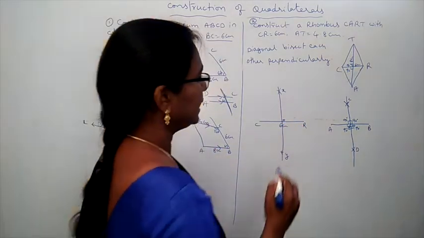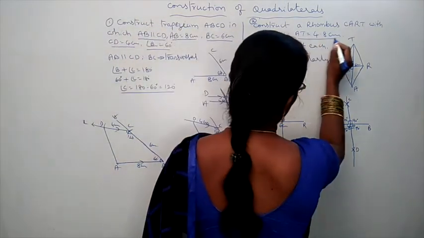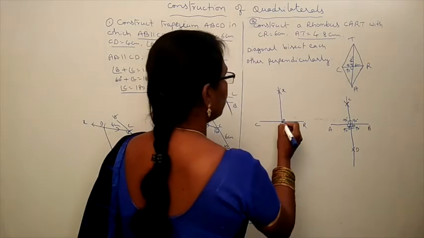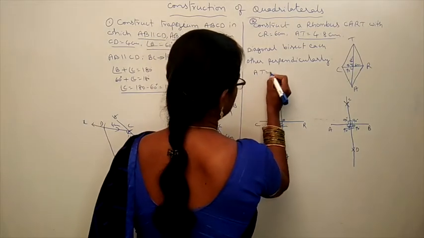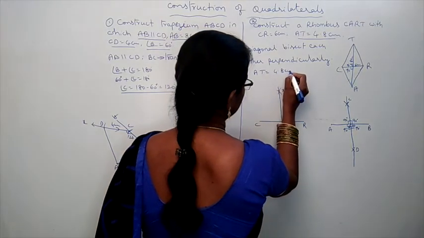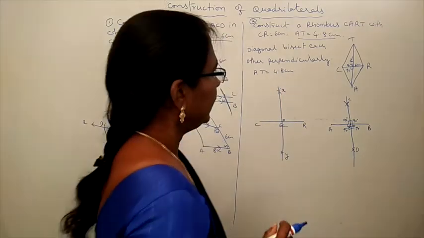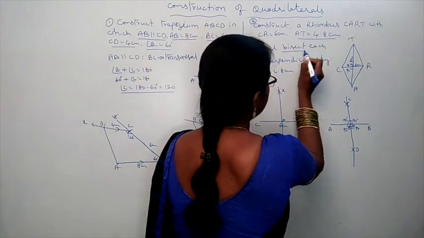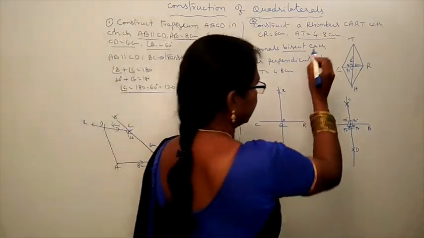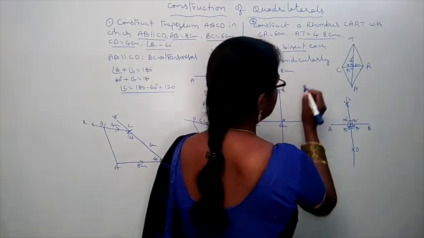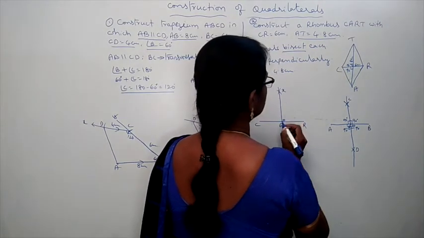Now what is the AT? How much is given? 4.8. Then take O as center. Here the diagonals bisect. Bisect means two equal parts. Now what is the second diagonal? 4.8. Then how much will each part be?